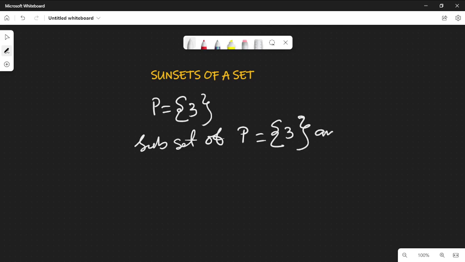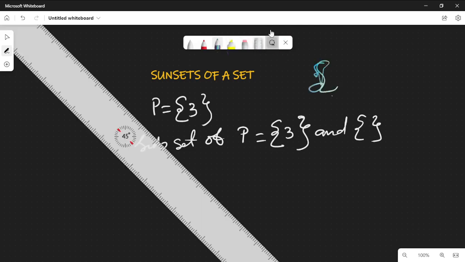Is there any other subset? Yes, there is. There is an empty set. Now note, an empty set does not mean a set that contains 0.